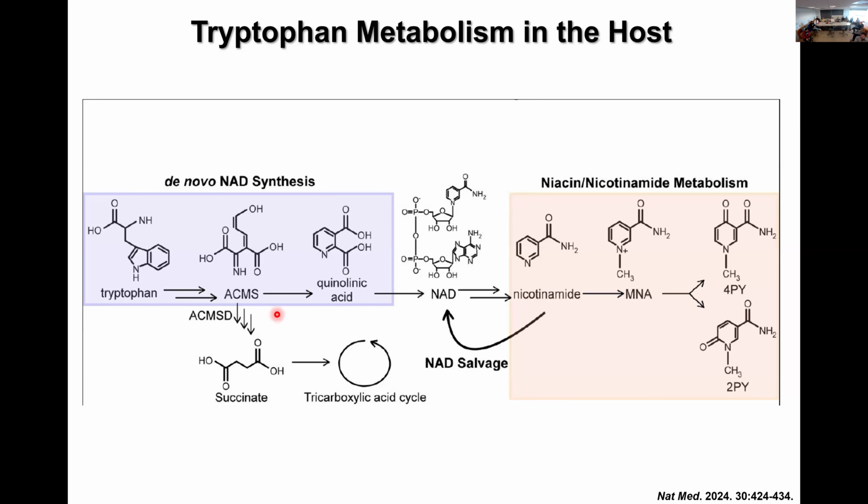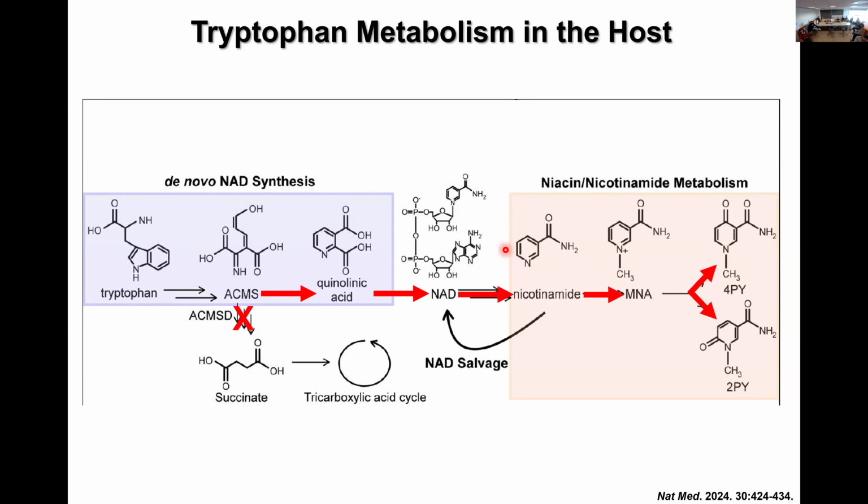And if you decrease ACMSD genetically or experimentally in humans and mice, respectively, you could shunt toward increased production of quinolinic acid, which would then feed to NAD. And it turns out that 4PY and 2PY are the very downstream products of NAD catabolism. So the more NAD you have, the more 4PY and 2PY you will produce.